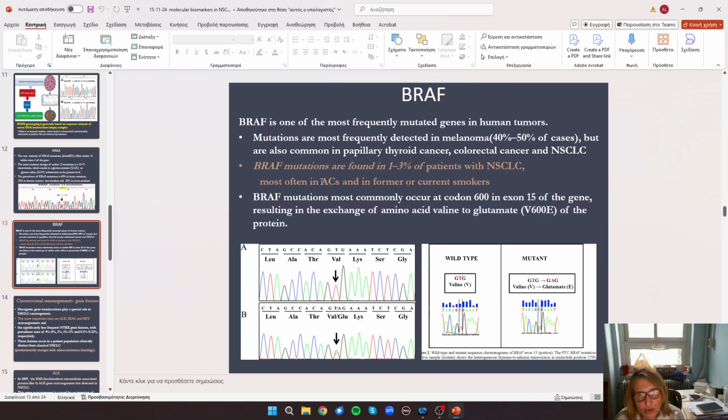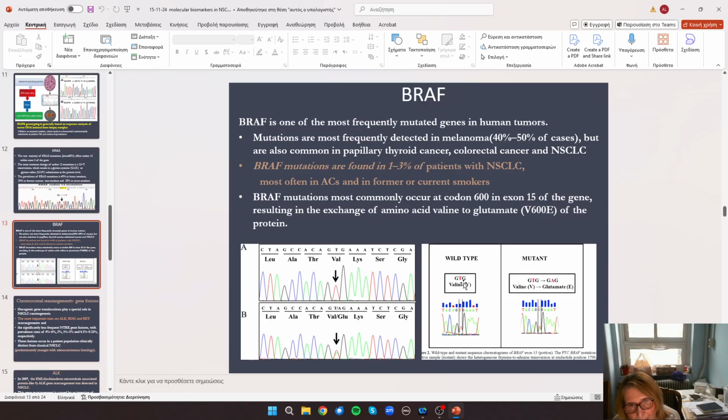BRAF mutations most commonly affect codon 600 in exon 15 of the gene, resulting in exchange of the amino acid valine to glutamate in the protein. Here we can see wild-type codon 600, and here this is the mutant codon.